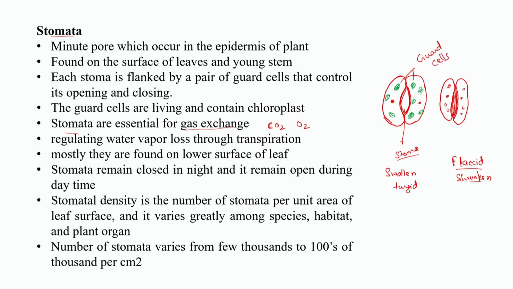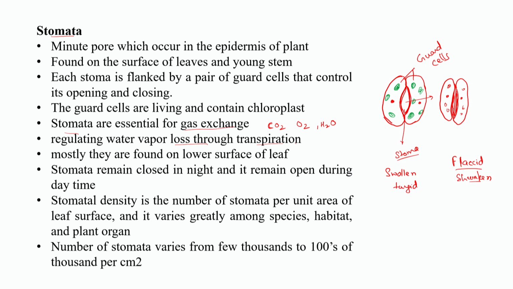So it's required that stomata should open, and photosynthesis definitely takes place in the presence of light. So when light is falling, during daytime, it's required that stomata should be open to allow these gases exchange. Now this stomata also helps in water loss through transpiration. This is also a point where water will move out through stomata.